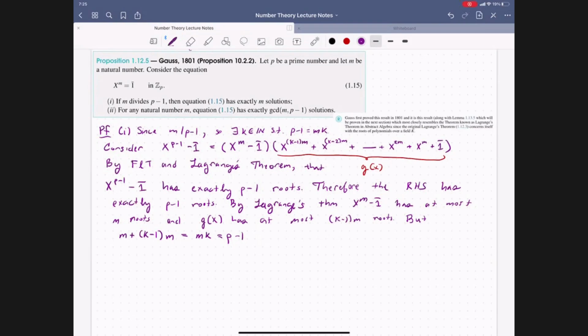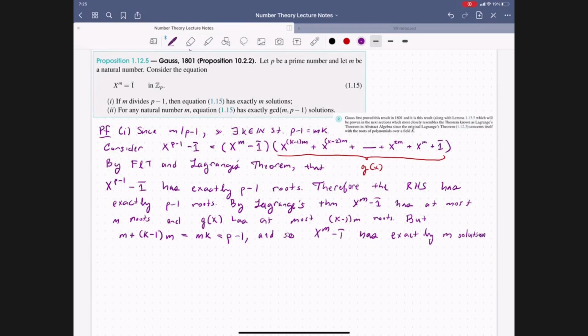So the only way that we are going to have exactly p minus 1 roots, which is what we have by Fermat's little theorem and Lagrange's theorem, is if this one here has exactly m, and this one here has exactly k minus 1 times m. And so x to the m minus 1 bar has exactly m solutions, which is what we wanted to show.